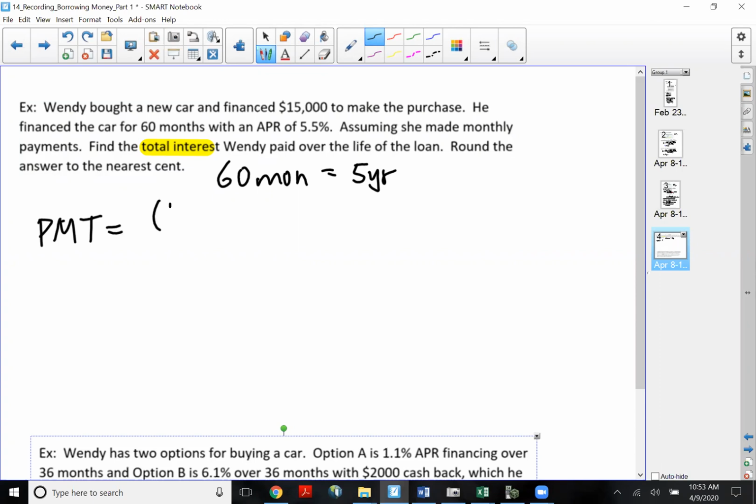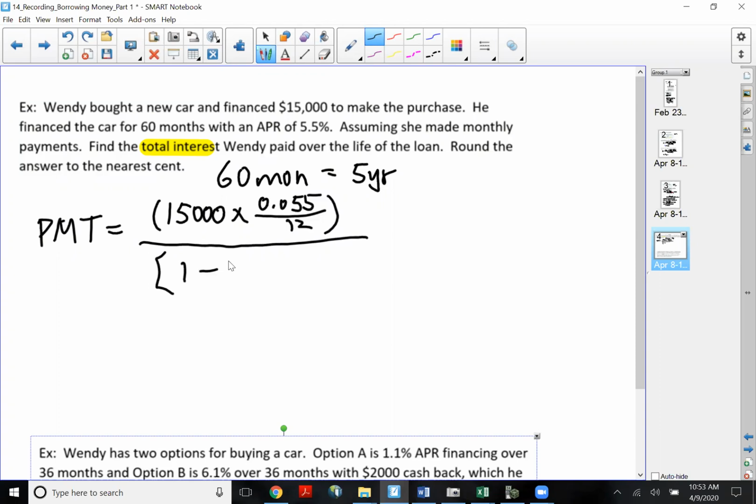She financed the entire $15,000 because there's no down payment mentioned, times r, 0.055, over n is 12. Payment goes 12 times in a year. Whole thing divided by bracket 1 minus parenthesis 1 plus 0.055 over 12, whole thing raised to the negative n is 12 times t is 5. So this part here, we can say is negative 60 when we key it in.